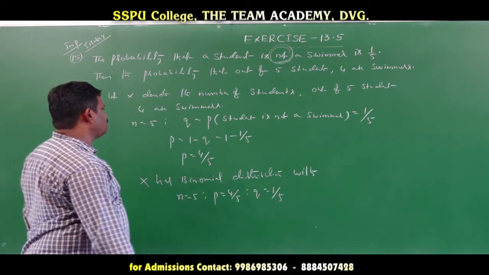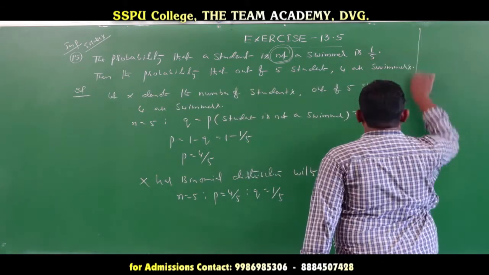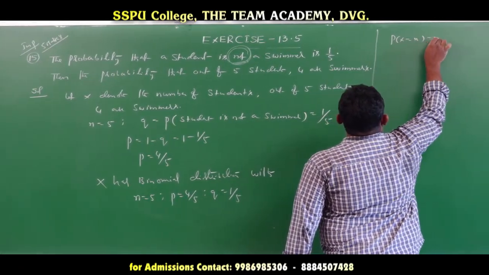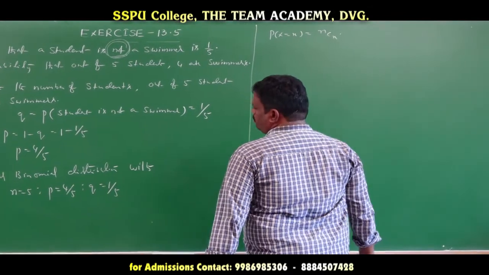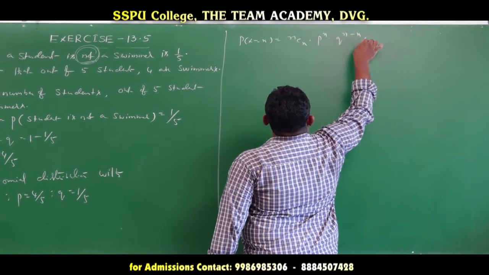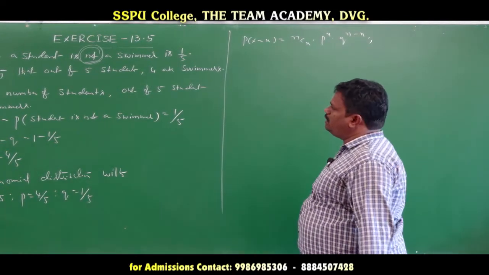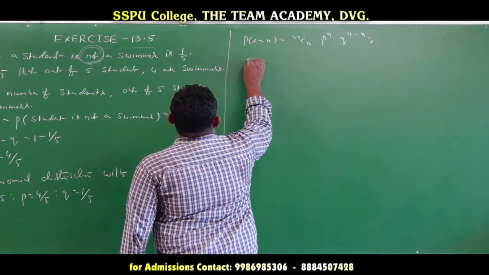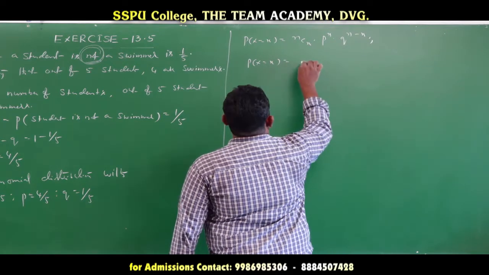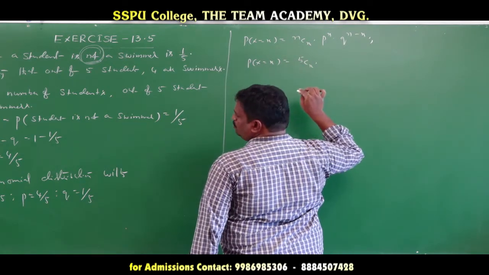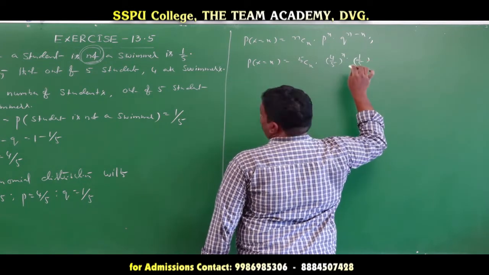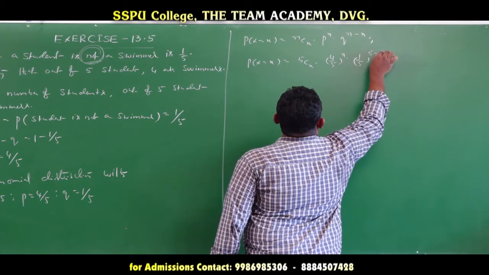Now the binomial distribution formula: probability of X equal to x is nCx, p power x and q power n minus x, x equal to 0 to n. So probability of X equal to x is 5Cx into 4 by 5 whole power x into 1 by 5 whole power 5 minus x.